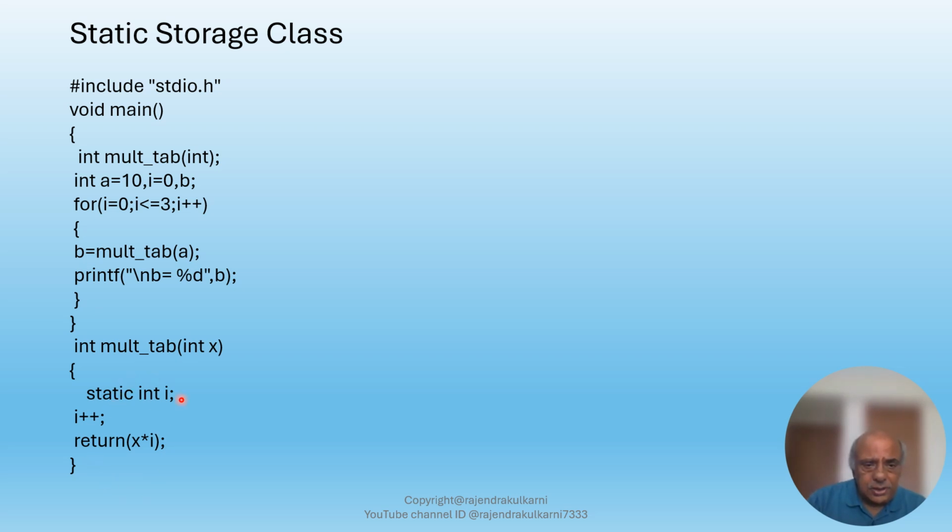Now this int i is incremented here by the statement i++, and then what we are returning is the value received by x multiplied by the value of i, and that return will be collected by b.